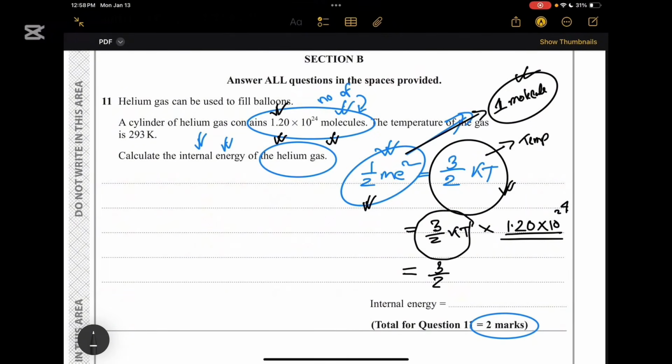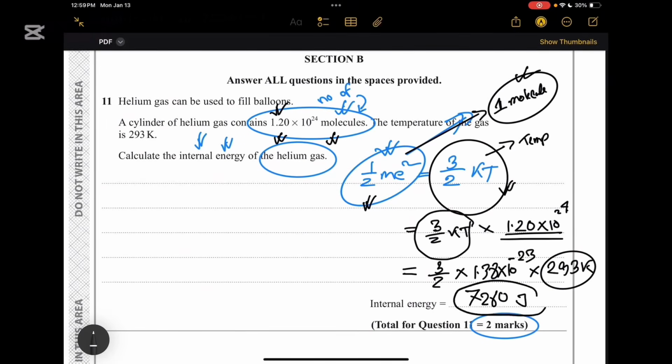So it will be 3 by 2 into k. What is the value of k? You need to memorize the value of k, because it is really important to be able to remember it. It is 1.38 into 10 to the power minus 23, into 293 Kelvin, which is the temperature T. The overall value comes as 7280 joule.